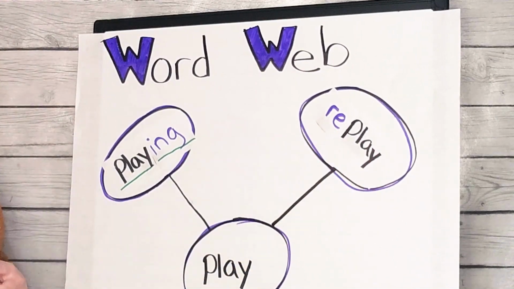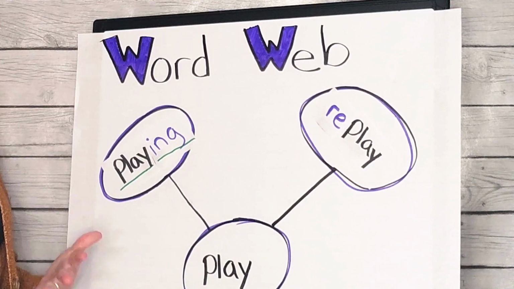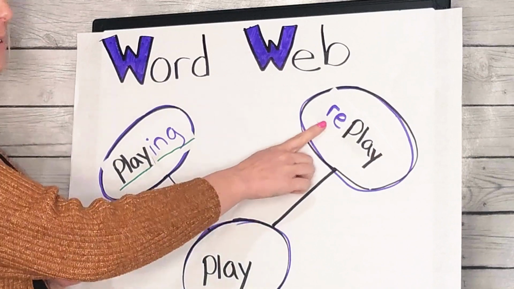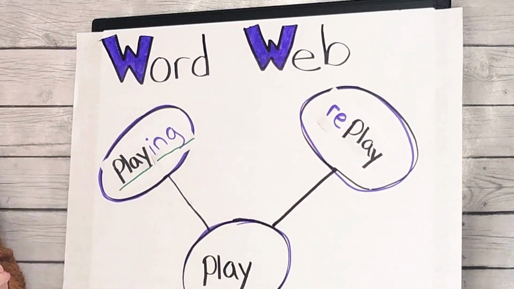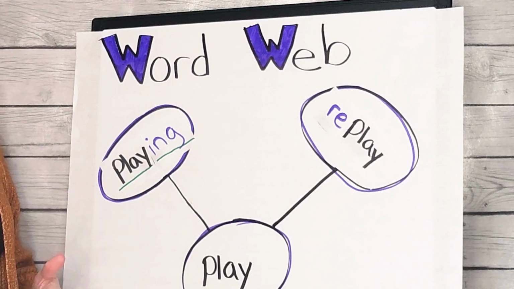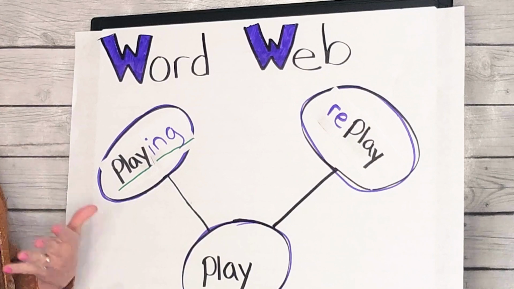Replay. I still see my base word play, and I know that that has to do with doing something fun, but now I see my prefix re. I remember that that means to do again. So the word replay must mean to play again.